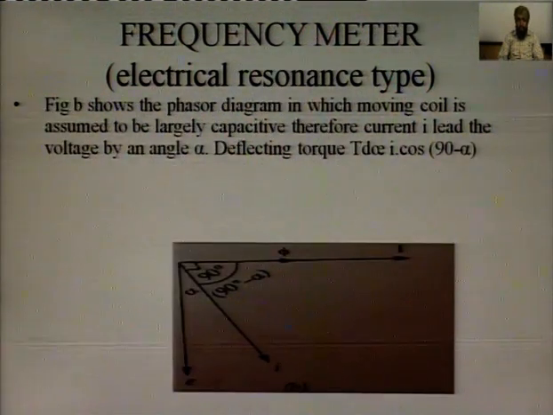Figure B shows the phasor diagram in which the moving coil is assumed to be largely capacitive. Therefore, current i leads the voltage by an angle alpha. Deflecting torque Td is directly proportional to the current through the moving coil, that is small i cos(90 − θ).